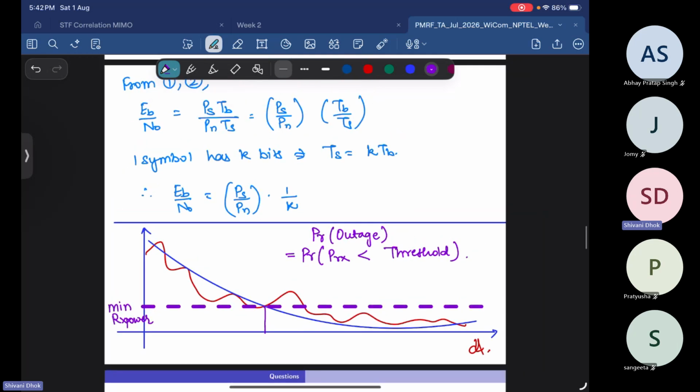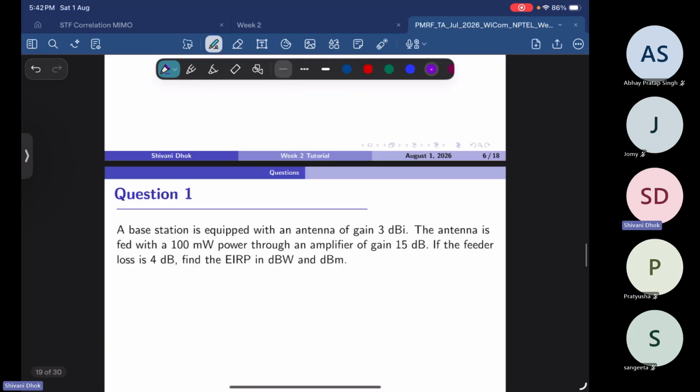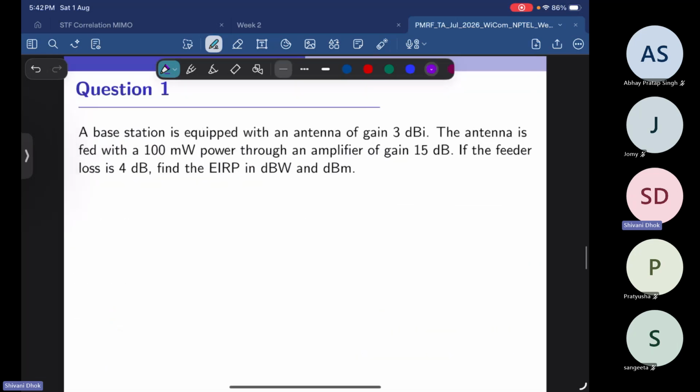Okay, if there are no questions, then let me quickly move on to the first question that I want to cover today. The first question for today is, a base station is equipped with an antenna of gain 3 dB.